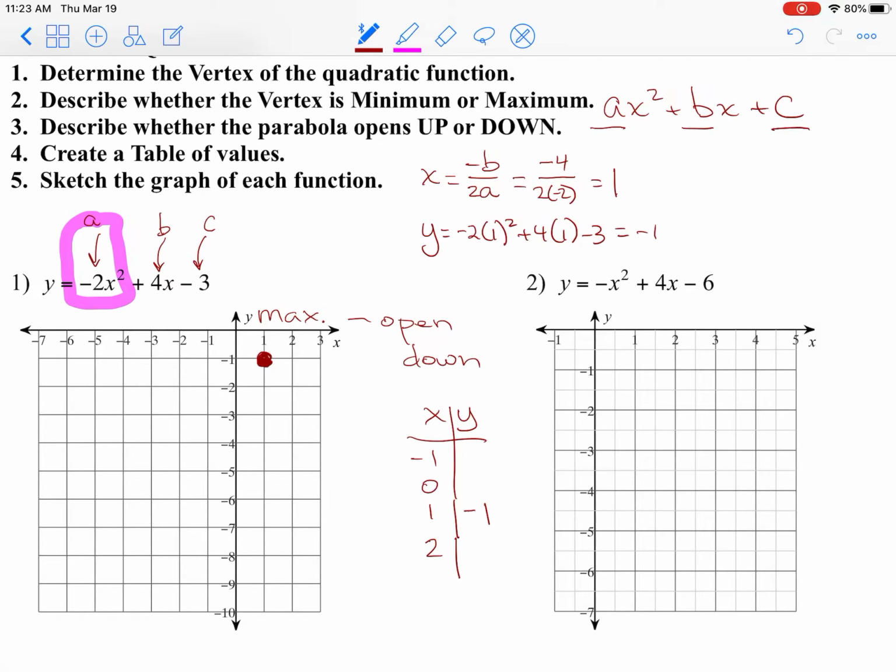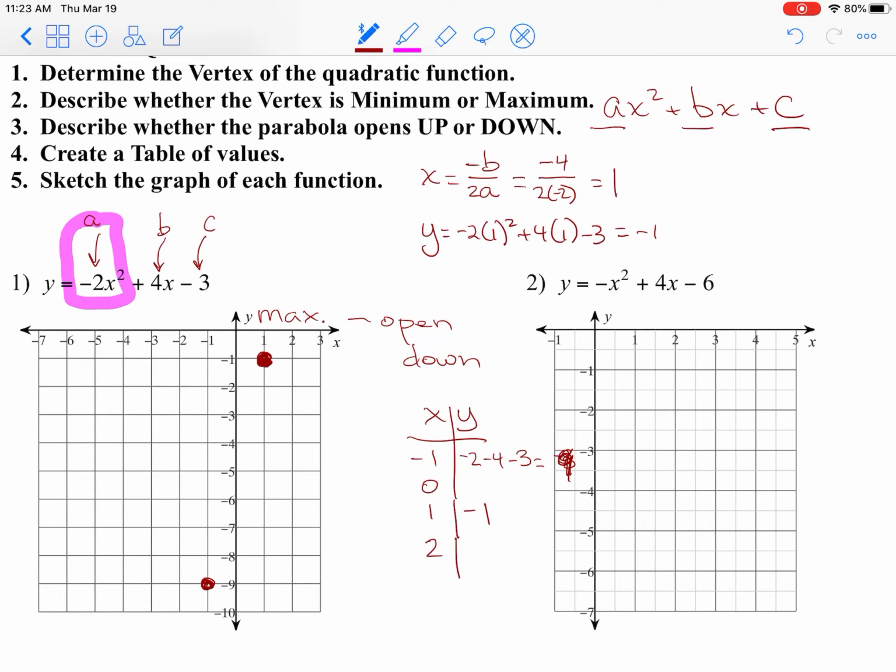So at -1, squared is 1 times -2 is -2, and -1 times 4 is -4, and my subtract 3 is just subtract 3. So -2 subtract 4 subtract 3 is -9. So -1 comma -9, so about right there is on my graph.